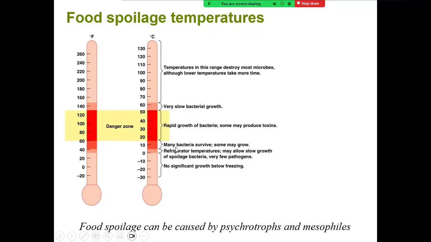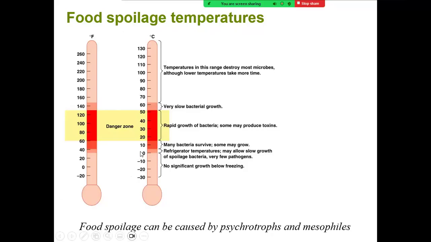Now, microbes can grow at a lower temperature and a higher temperature, but they will not grow near their optimum rate. So the bacteria can grow very slowly, up to about 62 degrees, or down almost to 0 degrees, in which case you shouldn't eat it, but you have more time. An example is the food you put in the refrigerator can remain there for about a week.